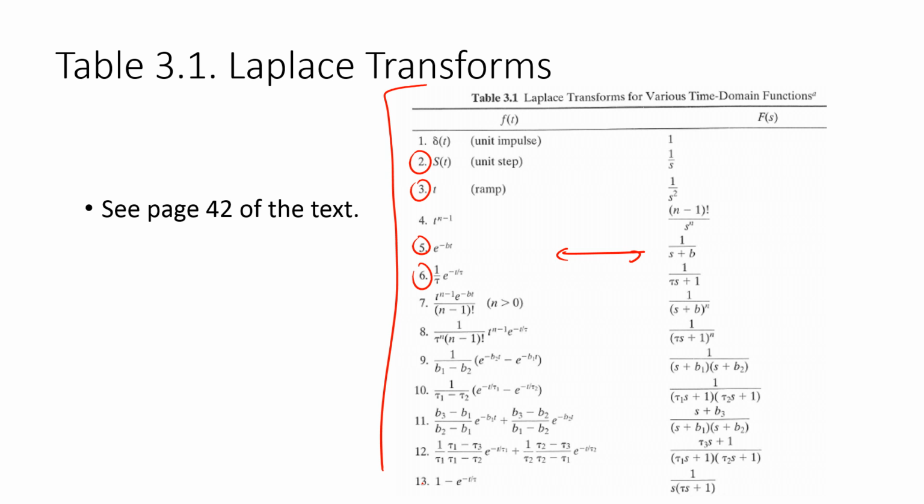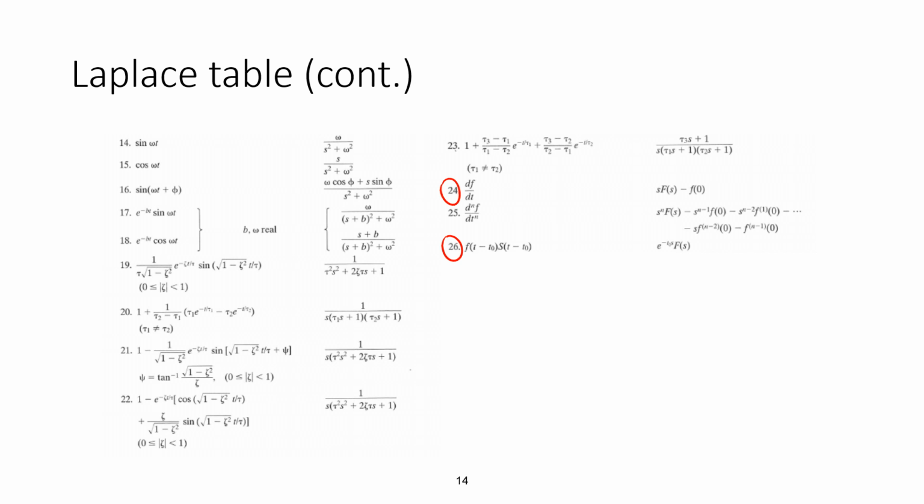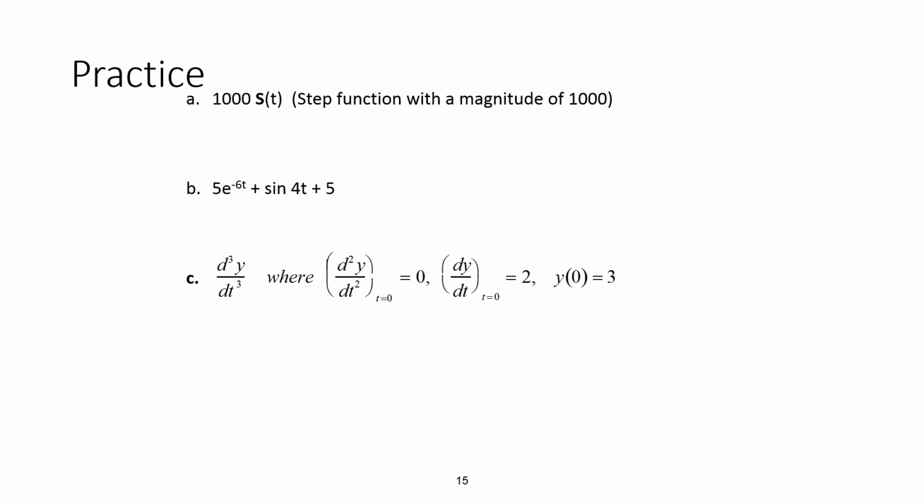There's just a couple that we tend to use more than others. And also for second order systems, we might use 9, and these, yeah, we're going to use 21 as well. So these are some of the more commonly used ones that we'll use in this class.